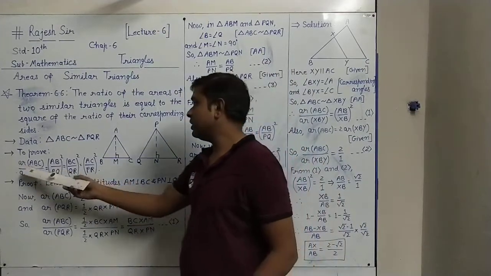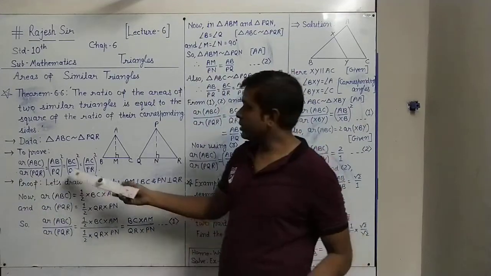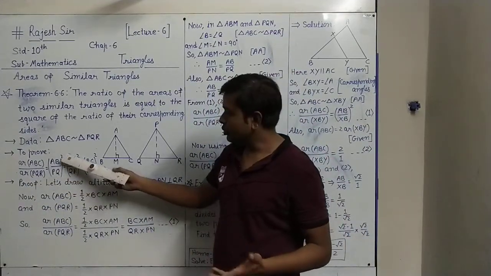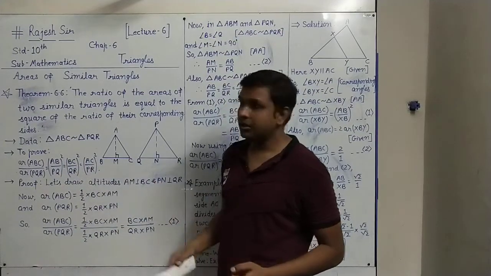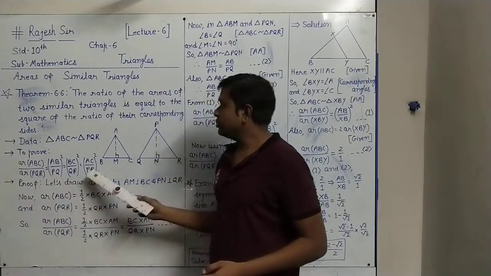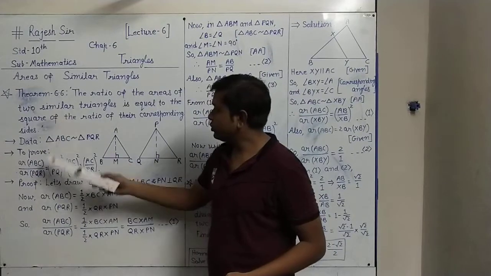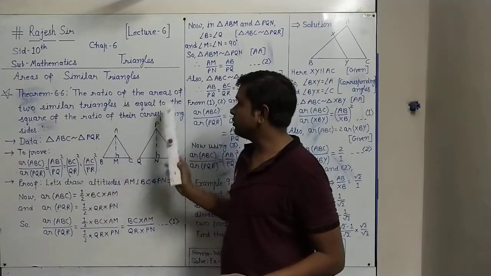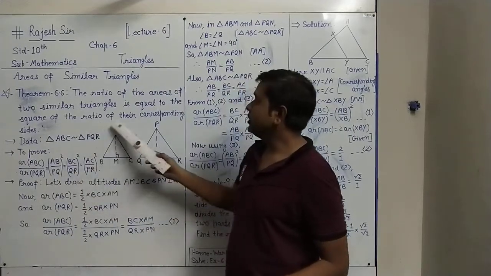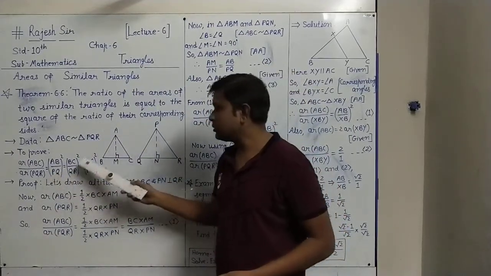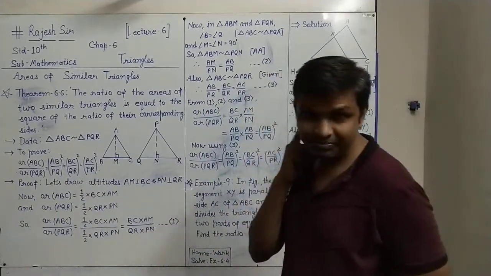We can write it this way: area of triangle ABC upon area of triangle PQR is equal to AB upon PQ whole square, equal to BC upon QR whole square, equal to AC upon PR whole square. So this format shows that the ratio of the areas of two similar triangles is equal to the square of the ratio of their corresponding sides.